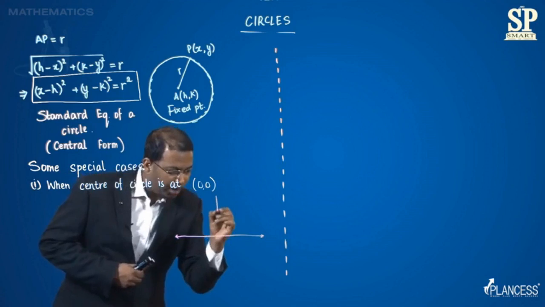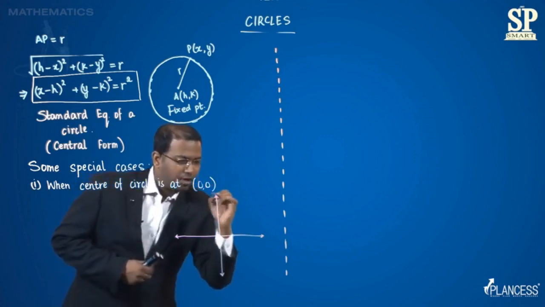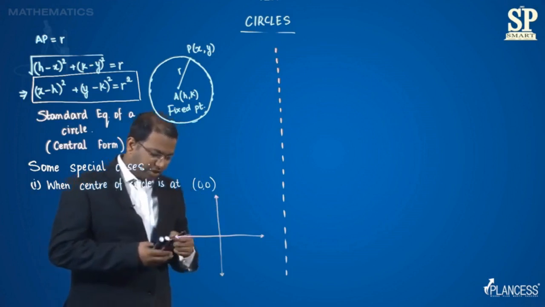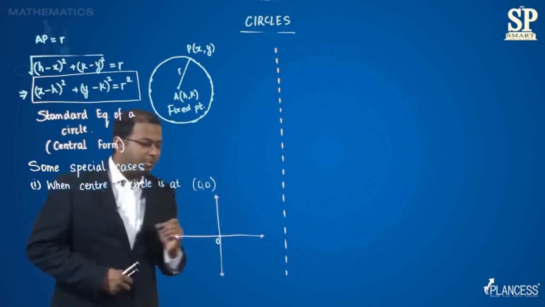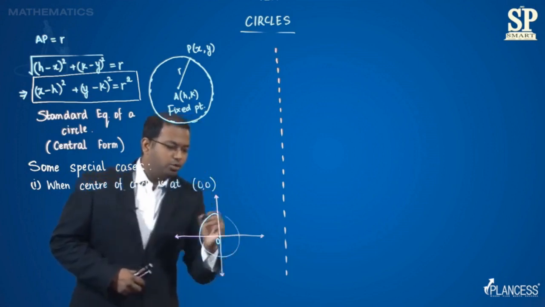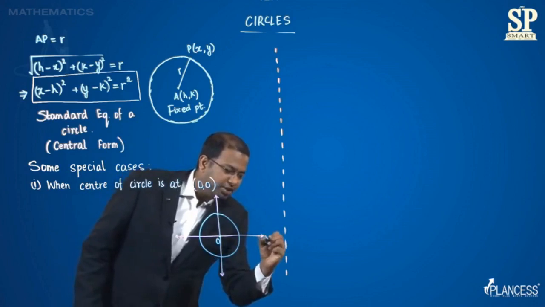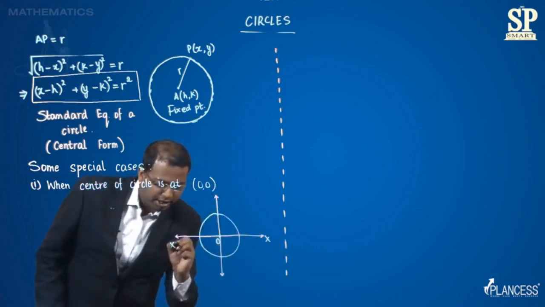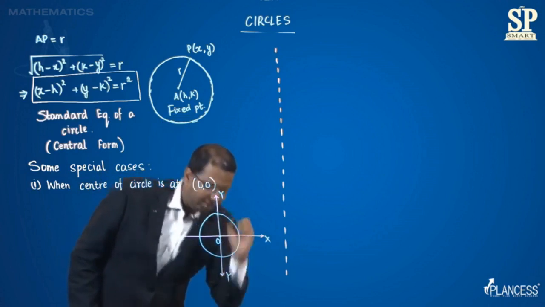Let me draw another y-axis, and then we have a circle. So this point is the origin, which we represent by O, and we have a circle whose center is at origin. So let me name this x, x dash, y, and y dash.